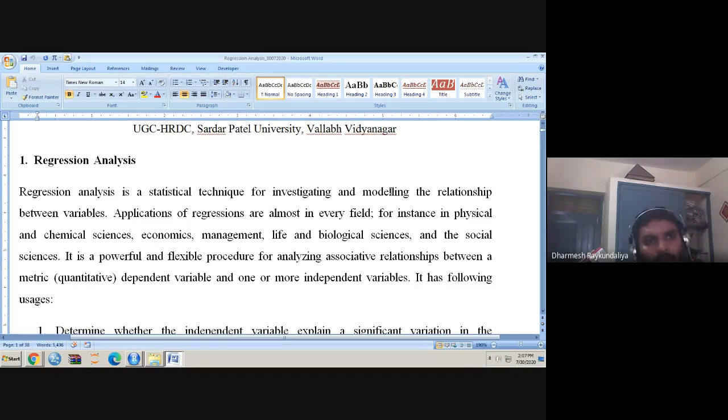In the agriculture domain, you wish to study the impact of the fertilizer on the productivity or the yield of a crop. So you can establish the relation between the yield of the crop and the amount of fertilizer supplied to the crop. So many things are related with each other.